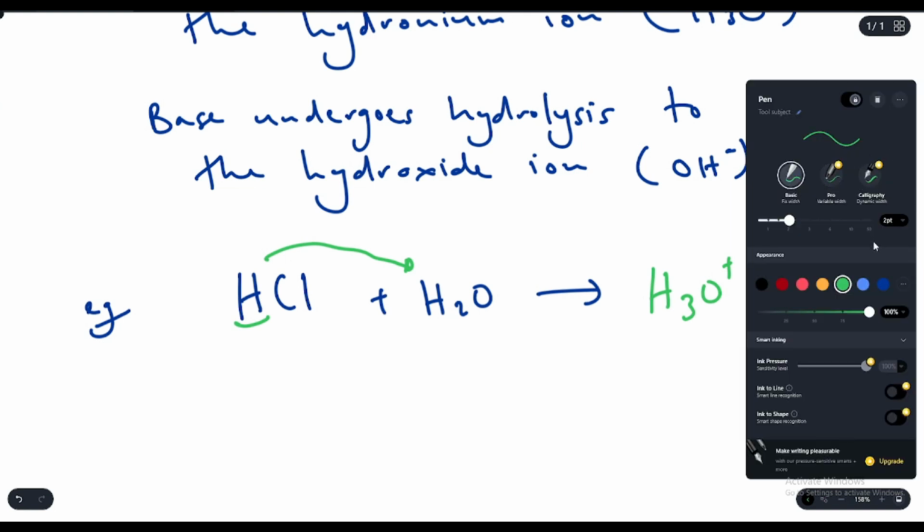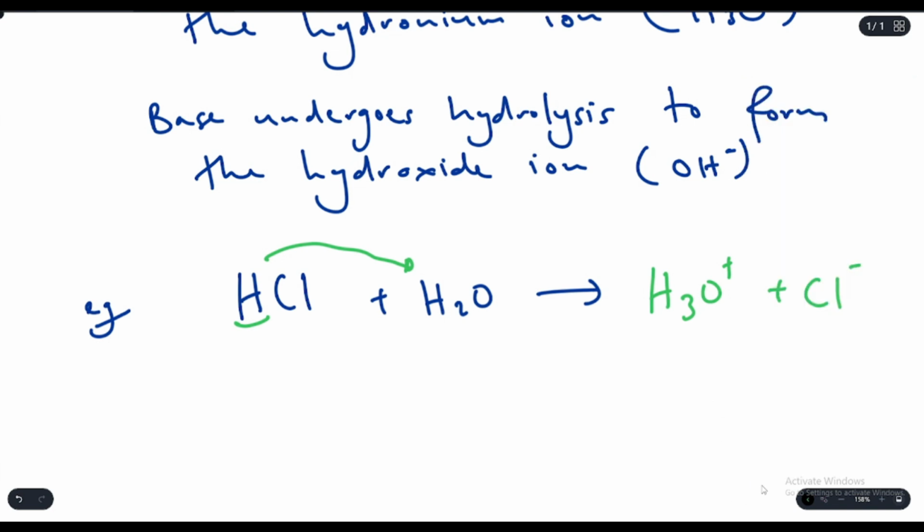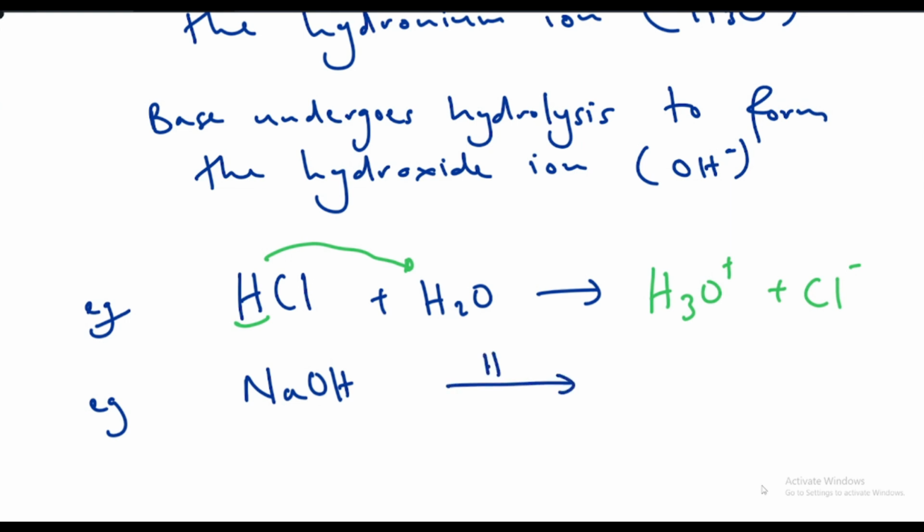Let's see an example of hydrolysis of a base and what that looks like. So with a base, let's say we're dealing with our very famous NaOH. Now, with a base, the hydrolysis equation works a little differently. We actually place the H2O above the arrow, and our base dissociates into Na plus and OH minus.